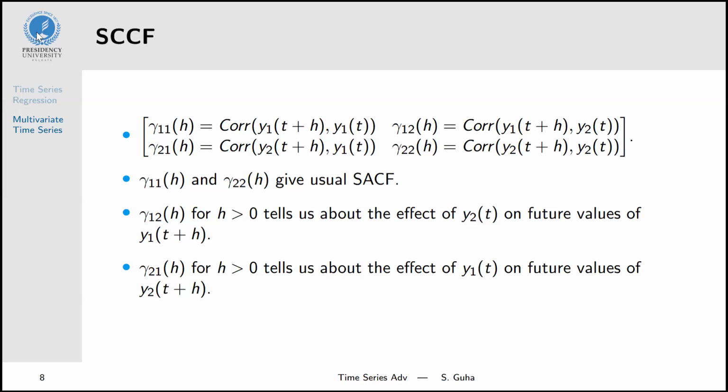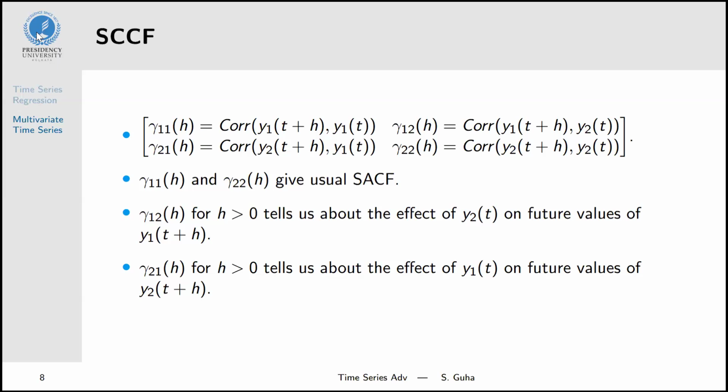Similarly, for gamma 21H, suppose H is equal to 3 or 4, it is calculating how the number of dengue patients admitted today has a relation with the temperature after 4 days.